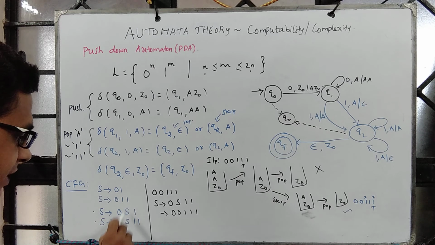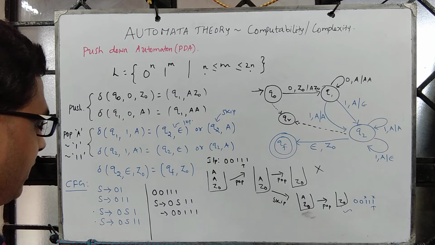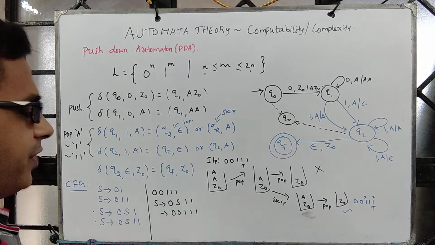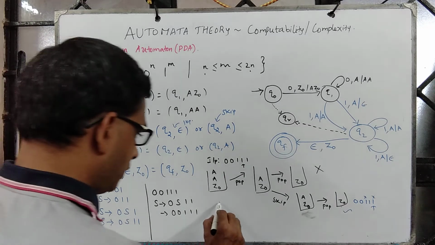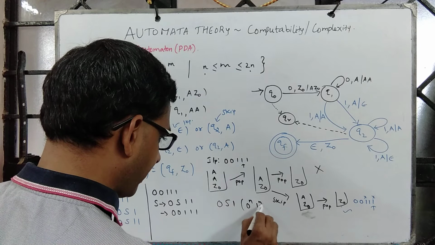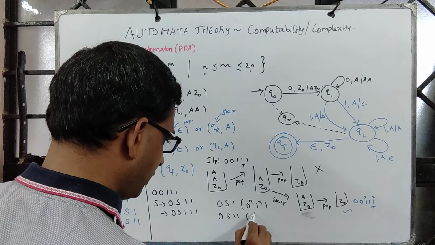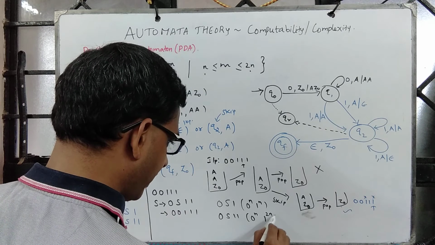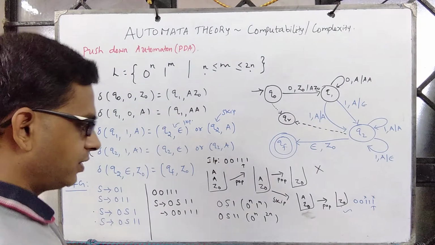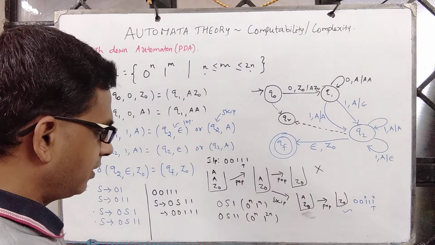Now if you mix these two, then we get to see this. The number of ones we generate is between n and 2n. So 0 S 1 gives you 0^n 1^n, and 0 S 1 1 gives you 0^n 1^2n. Now it is S on both, which means this can be plugged in this as well.